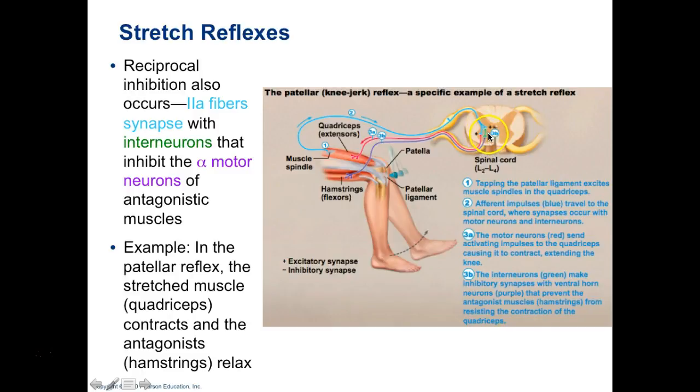So now this is a polysynaptic type of reflex here, and then it'll synapse with this alpha motor neuron, but this alpha motor neuron is going to our hamstrings. And so this is causing these hamstrings to elongate and allow our limb to move on up. Basically, it's saying you're not going to contract, you're going to relax and allow the leg to extend.